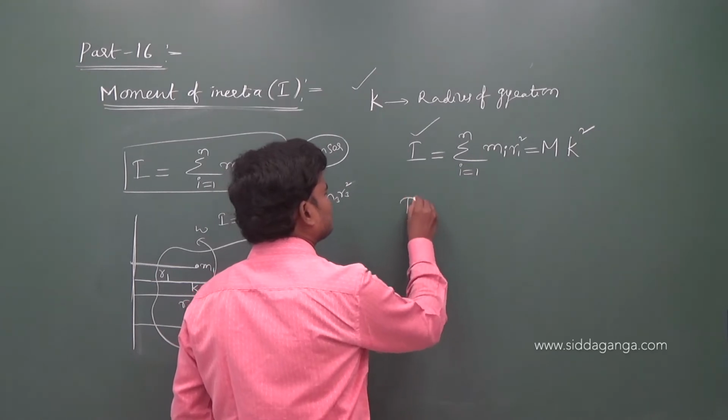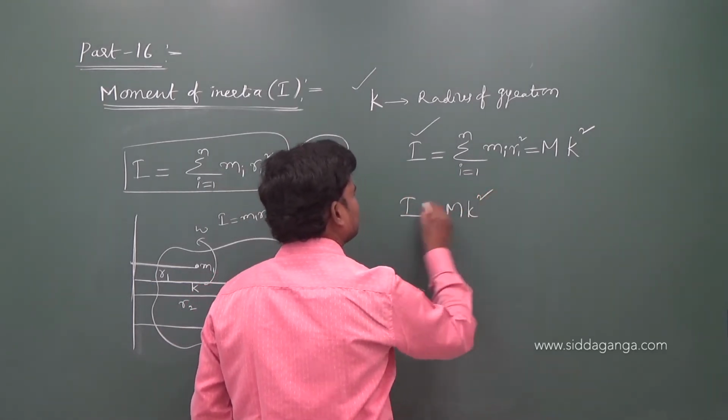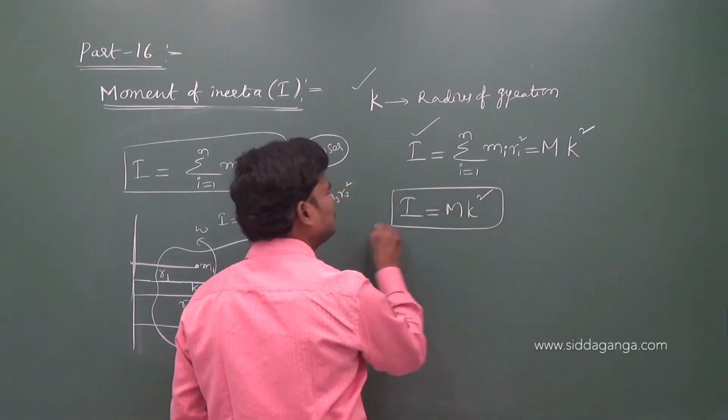Therefore we can write I is equal to m k square.